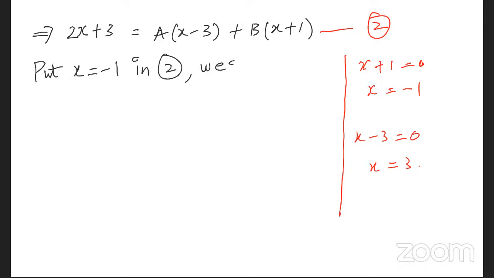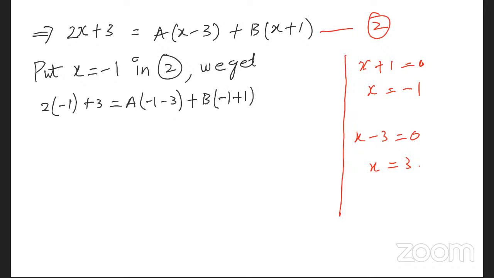What do we get? 2(-1) + 3 = A(-1 - 3) + B(-1 + 1).